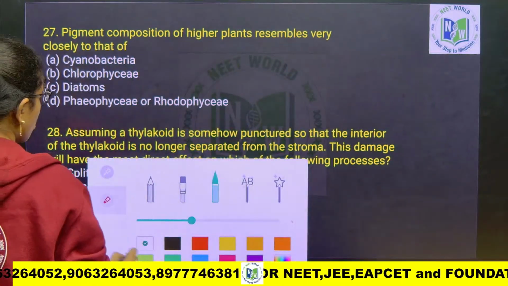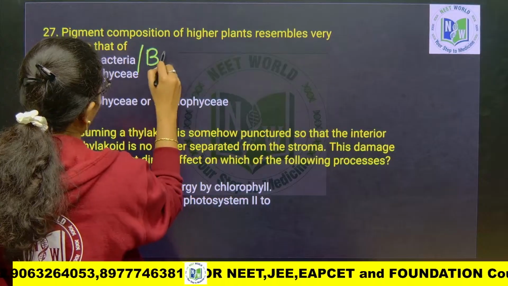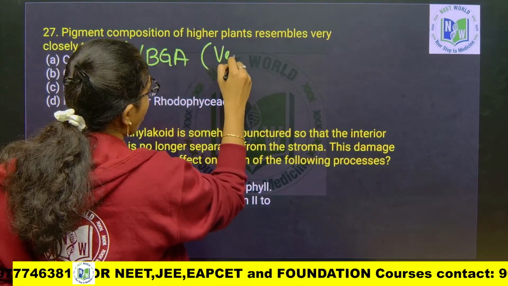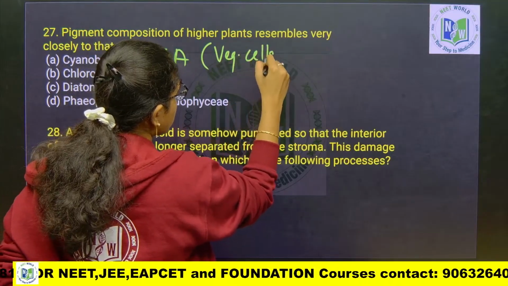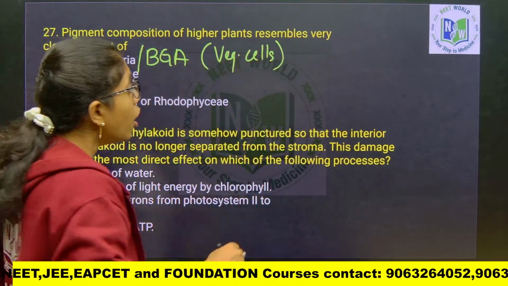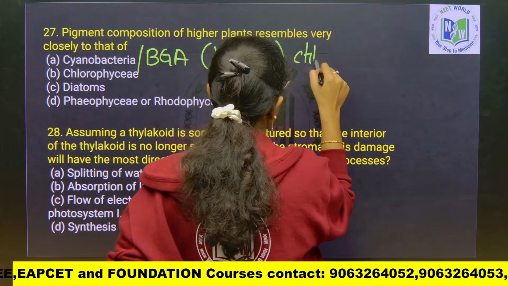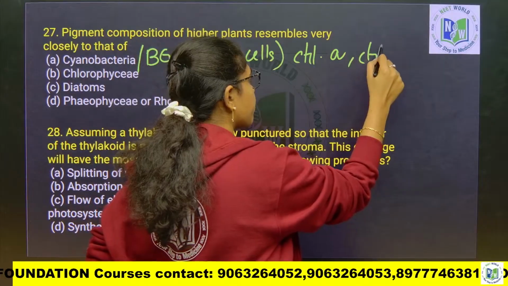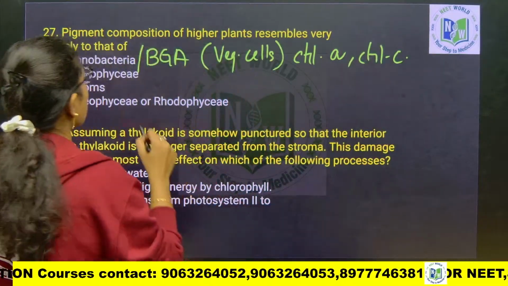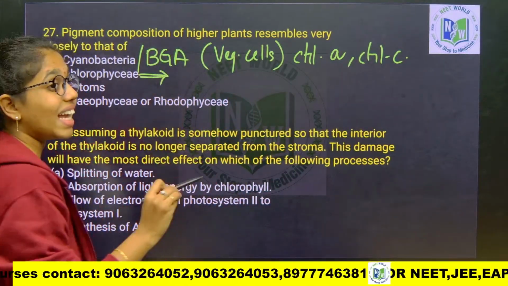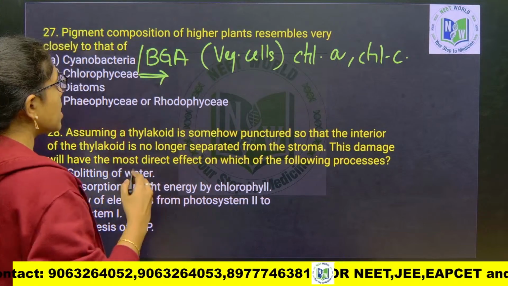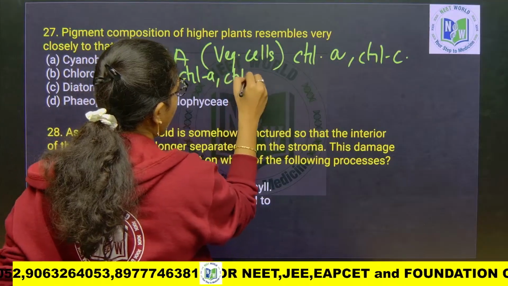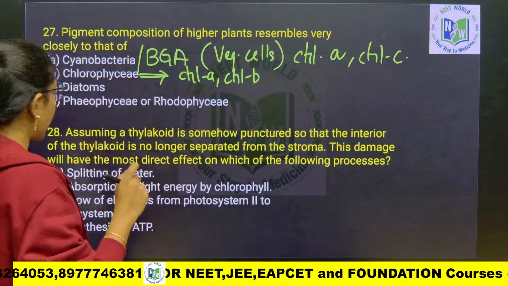Cyanobacteria, which is also called blue-green algae: in the vegetative cells of cyanobacteria, chlorophyll A is present, and chlorophyll C. In chlorophycean members, that is green algae, both chlorophyll A and chlorophyll B are present, same like that of higher plants.